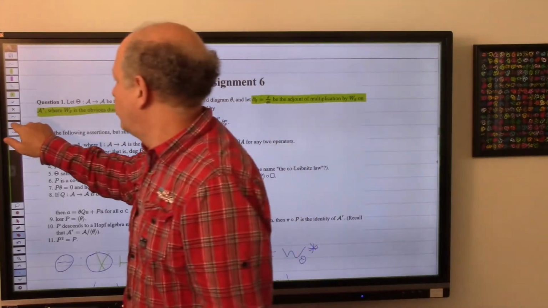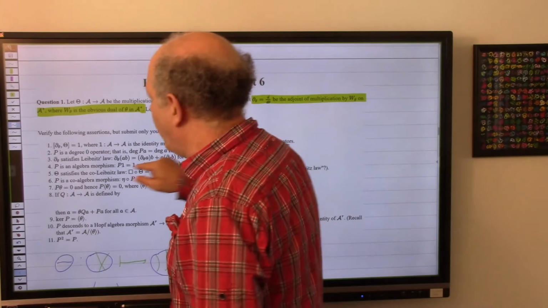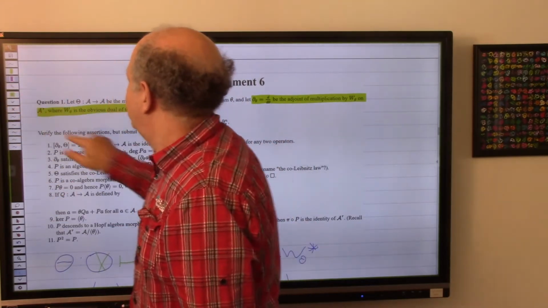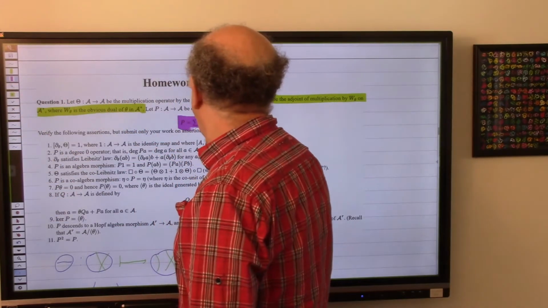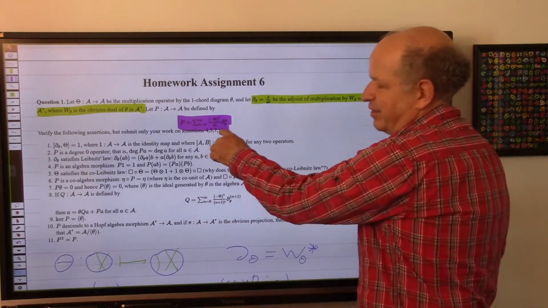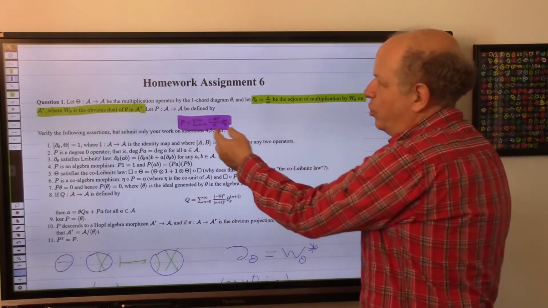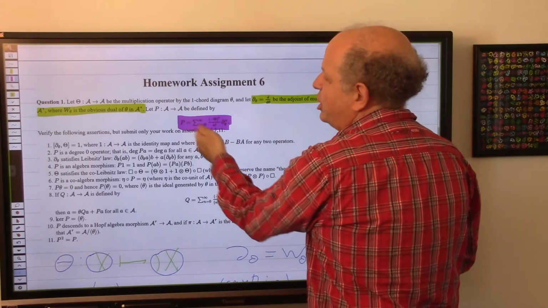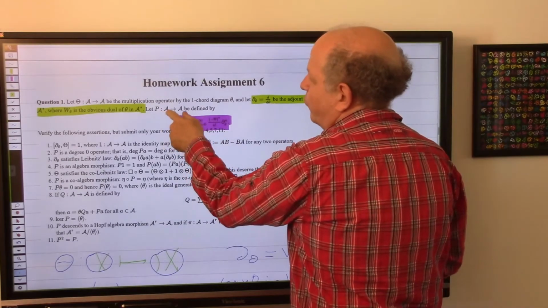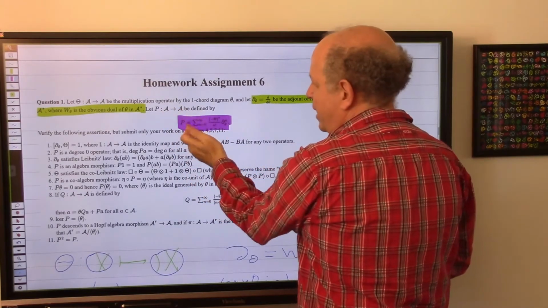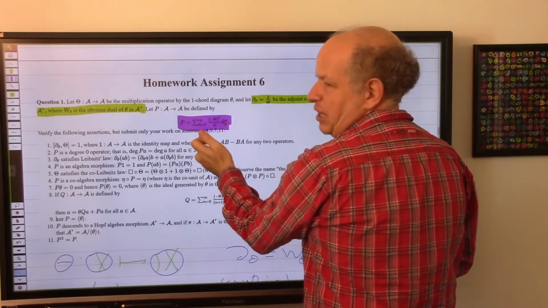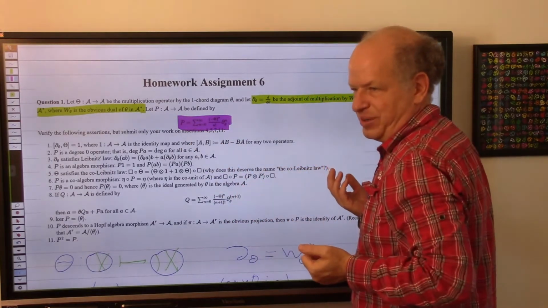Now I do want to make one further comment. We are defining a map P from A to A by this funny formula. Where did it come from?